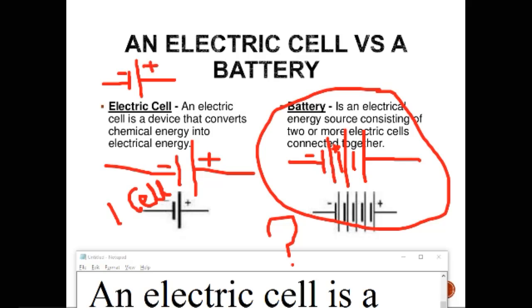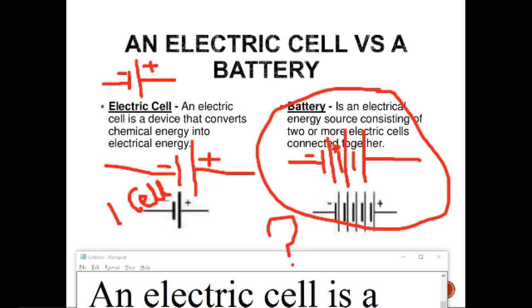Yes, sir. In your house, is there an inverter battery? No, sir. In a remote or somewhere, we are using two batteries inside. Yes, whenever I am talking about a battery, that is the combination of electric cells. Clear?